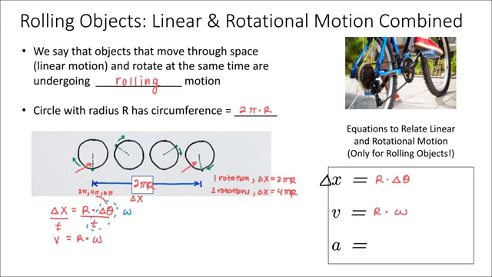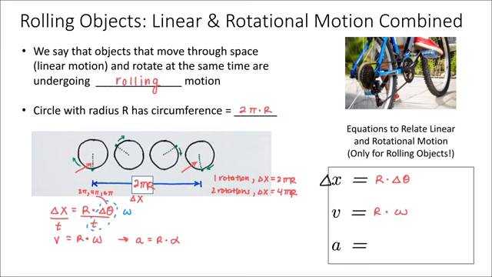And lastly, if I take the change in velocity over time, I can derive a similar equation, and you'll see that the linear acceleration ends up being r times alpha, the angular acceleration of the wheel. We can prove that in the same way.